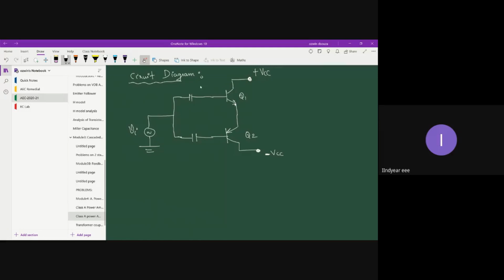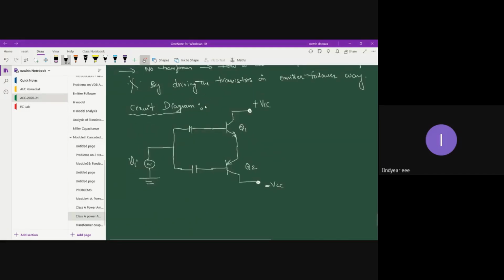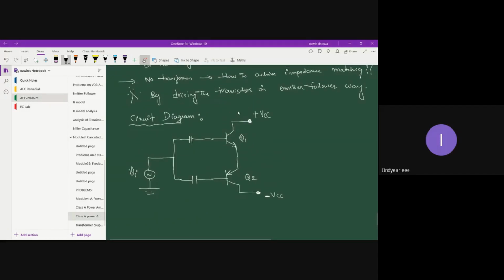As I was mentioning, this is basically an emitter follower circuit. That's the reason the output is tapped from the emitter. This is then given to the load, which is represented by RL, and the load voltage is measured with respect to ground. So this is your complementary symmetry class B power amplifier circuit.